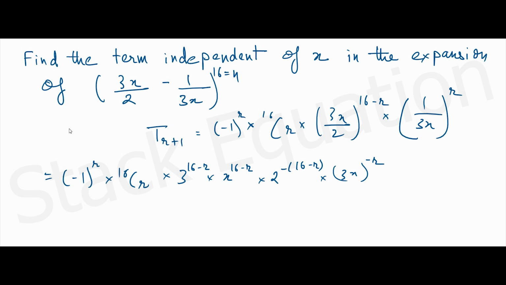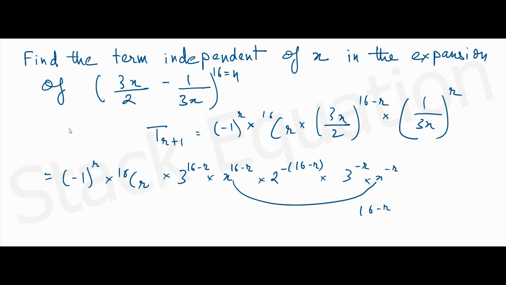Now if I separate the exponent of x from the rest, this can be written as 3^(−r) into x^(−r). And the two x terms can be combined as 16 minus r minus r.